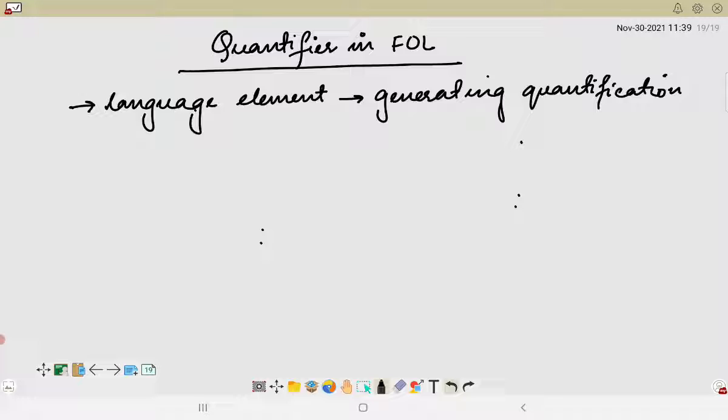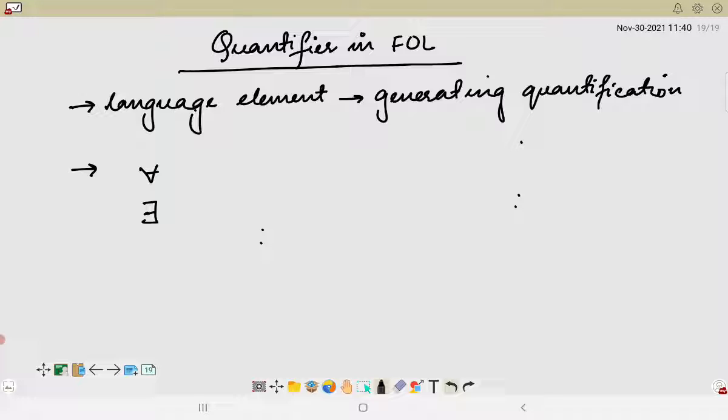These are the symbols we have already seen, and these two symbols take part in quantifiers. They determine or identify the range and scope of the variable in the logical expression.